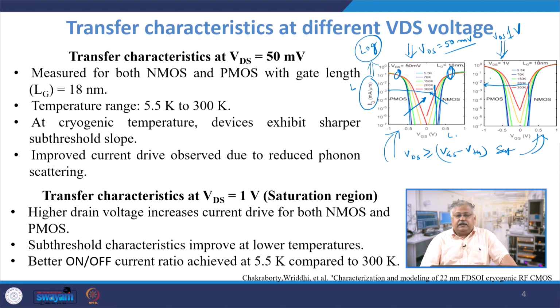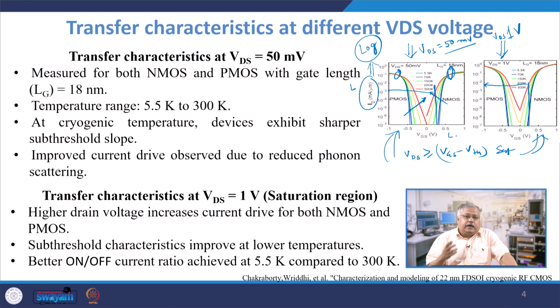As the drain to source voltage increases, the current for the same gate voltage and temperature increases, which is expected because a larger drain to source voltage implies a larger drift velocity, which entails a larger drain current. That's the reason the drain current is somewhere between 1 milliampere and 10 milliampere here, whereas it is much less than 1 milliampere when operating at a much lower drain to source voltage.